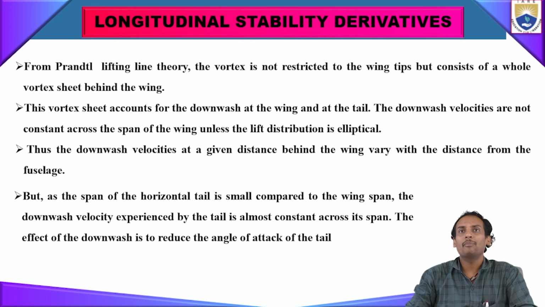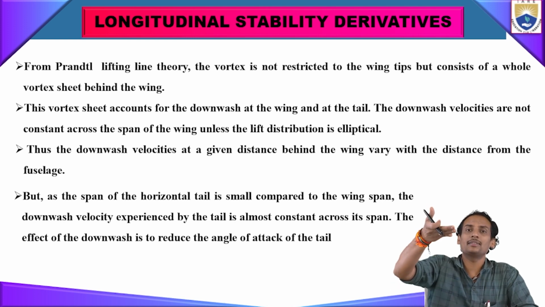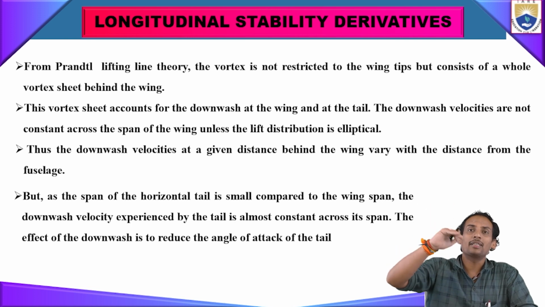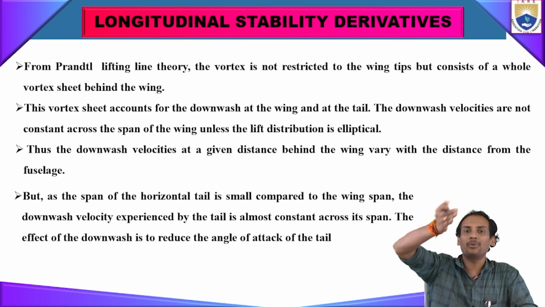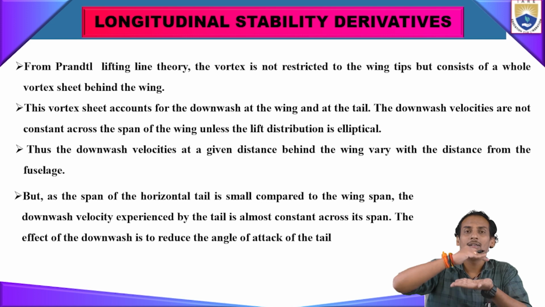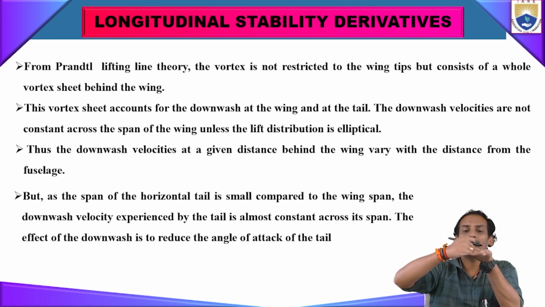Based on that, the vortex is not restricted to the wingtips, but consists of a whole vortex sheet behind the wing also. Whenever a flow is flowing over the wing, it forms a layer over it, like a sheet.